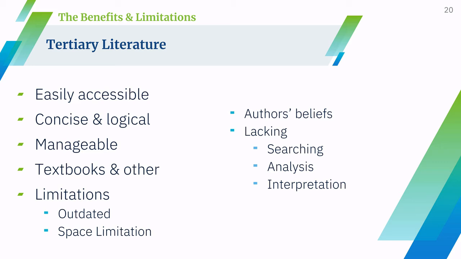Also, the authors may emphasize a selected topic or prepare a biased report in favor of the author's beliefs. Furthermore, the authors may not have accurately and comprehensively searched, analyzed, or interpreted the information, and the document may be misleading and/or inaccurate. Due to limitations within the tertiary resources, a single source may not contain all of the necessary information to complete an effective search, therefore, at least 2 resources should be searched.